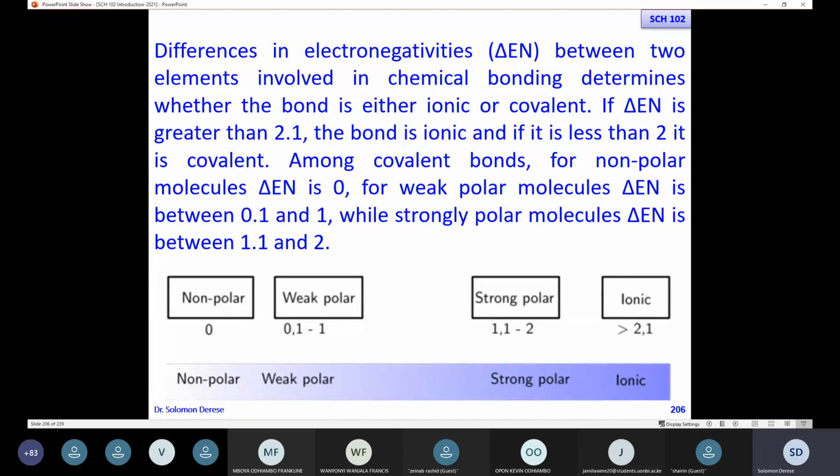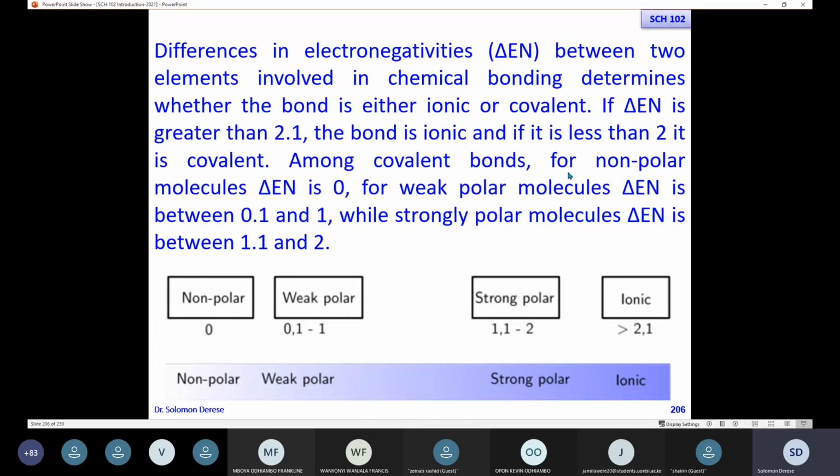So differences in electronegativity, delta EN, between two elements involved in chemical bonding determine whether the bond is ionic or covalent. If delta EN is greater than 2.1, the bond is ionic, and if it is less than 2, it is covalent.